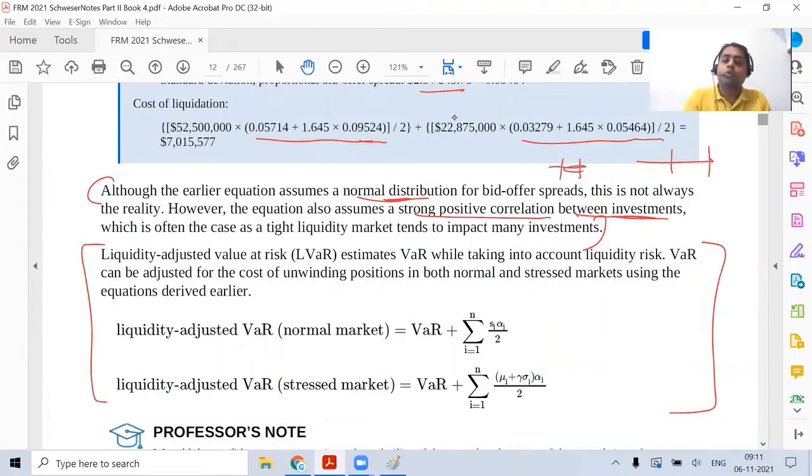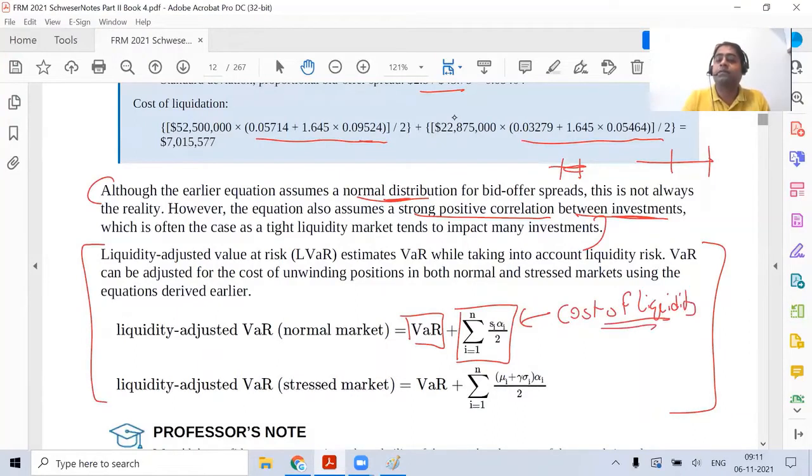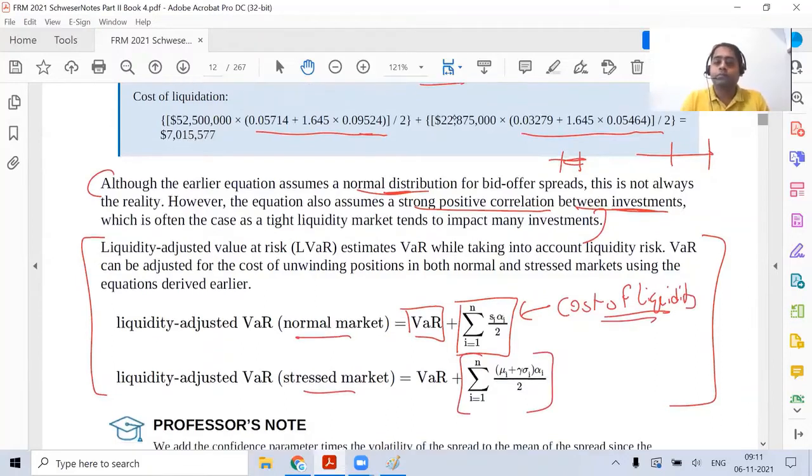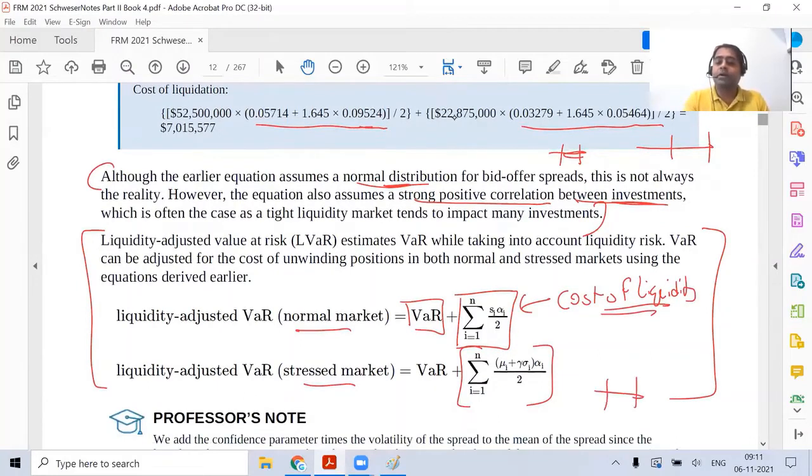So what we generally do is, when we calculate VaR, we assume everything is normal, standard behavior, and then we make this adjustment. Now this adjustment was your cost of liquidity that we try to find for both the normal market and the stressed market.